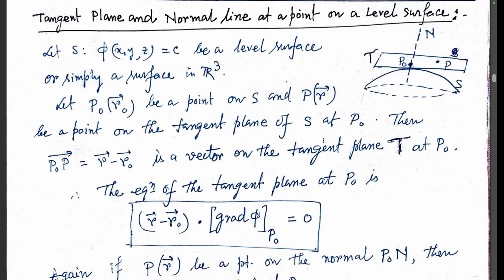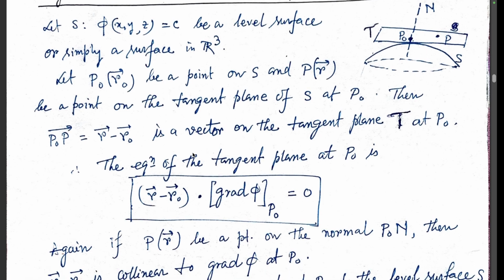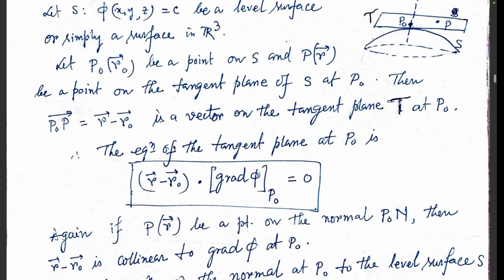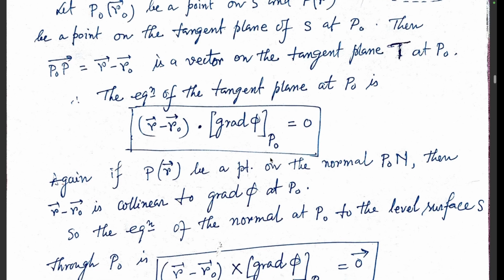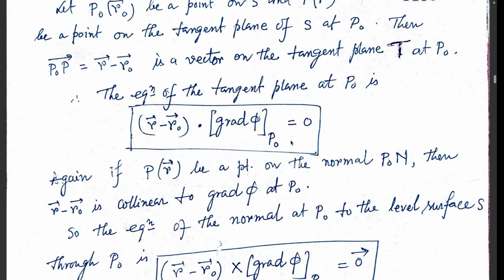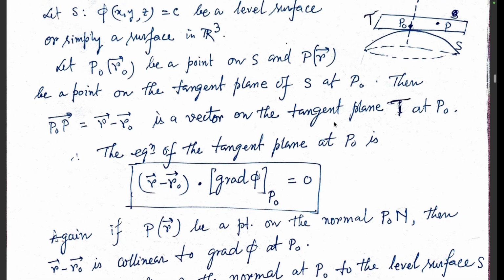Let P be any point on it with position vector R. So the vector P0P, R vector minus R0 vector, is a vector on the tangent plane. The equation of the tangent plane at P0 is (R vector minus R0 vector) dot grad phi at the point P0 equals 0. This is the equation of the tangent plane at P0.